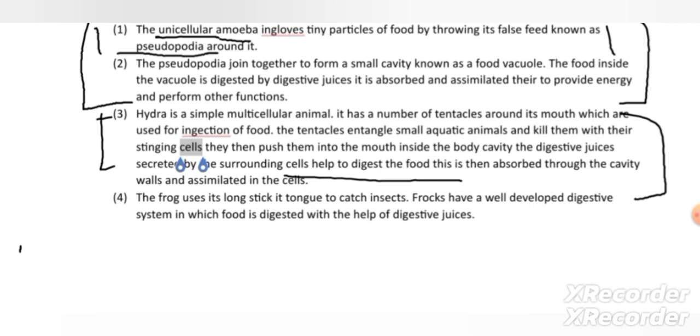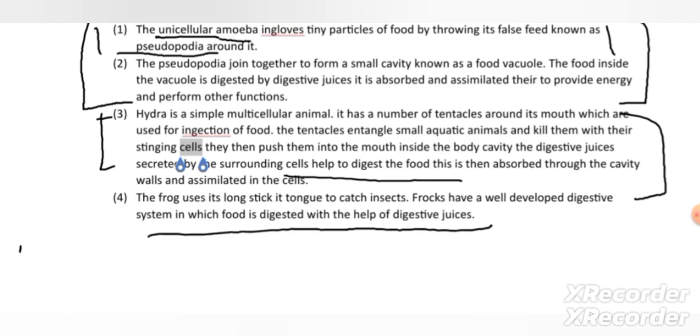The last but not the least is the frog. The frog uses its long sticky tongue to catch insects. Frogs have a well developed digestive system in which food is digested with the help of digestive juices.